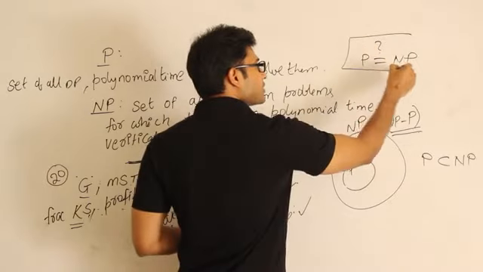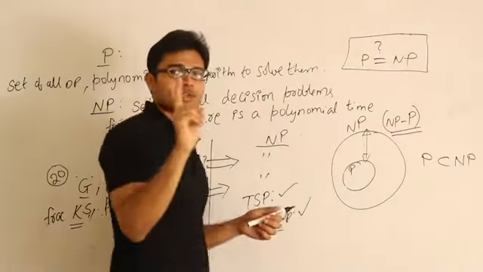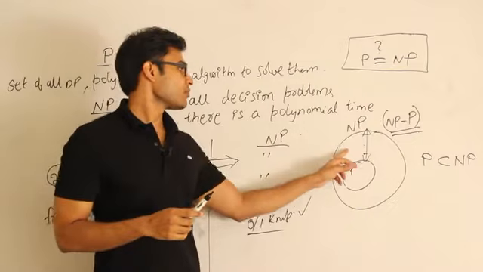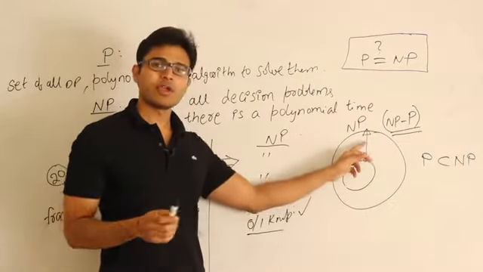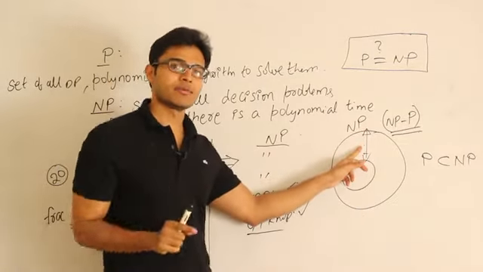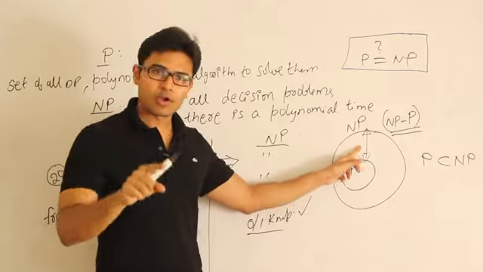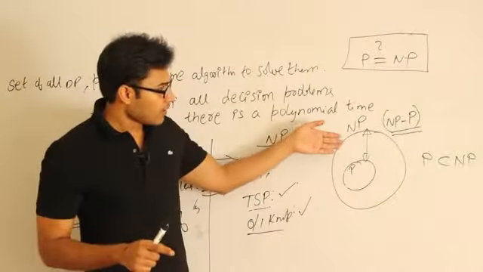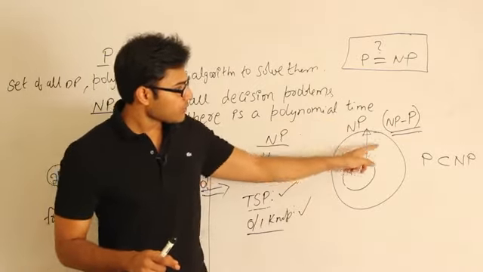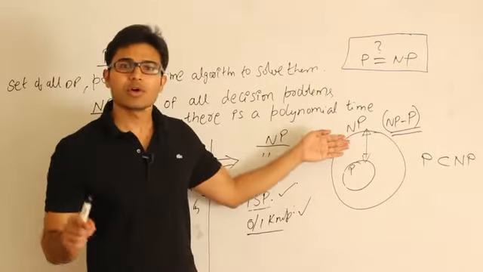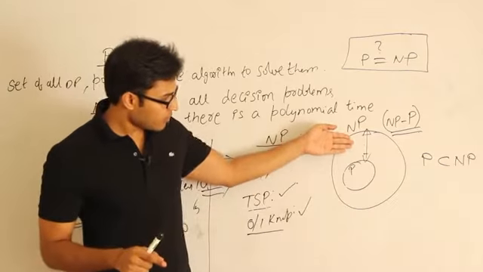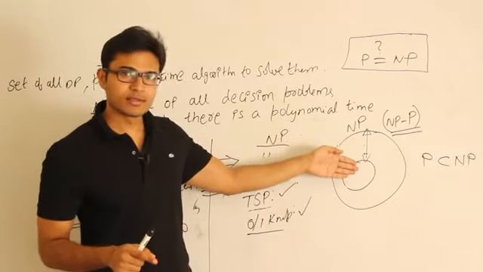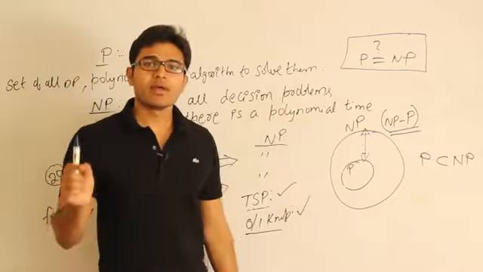Whatever problems are lying outside P all have to be solved in polynomial time. If we could solve all of them in polynomial time, then all of them will move into P. Then we can say P equals NP, right?